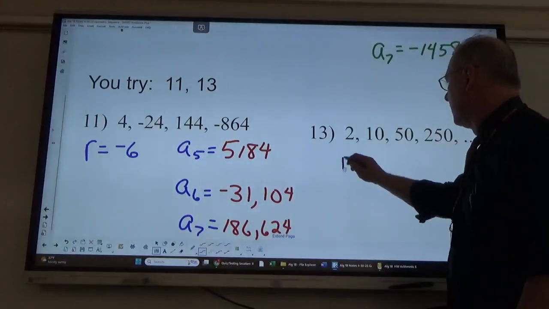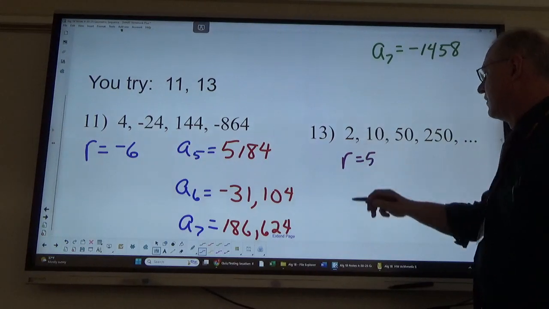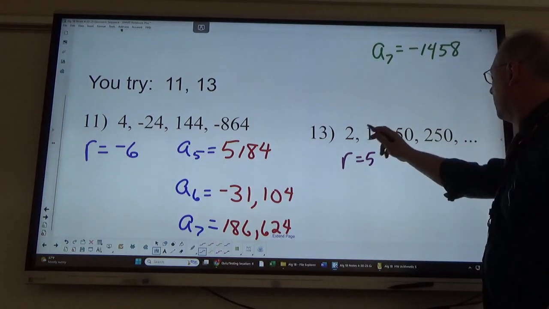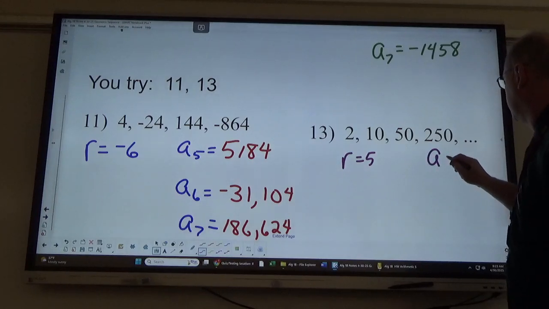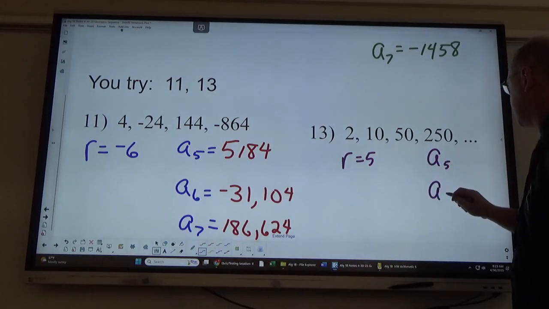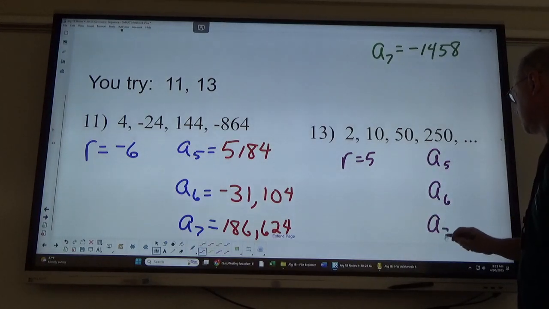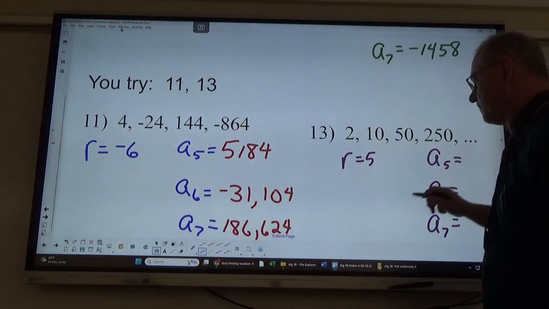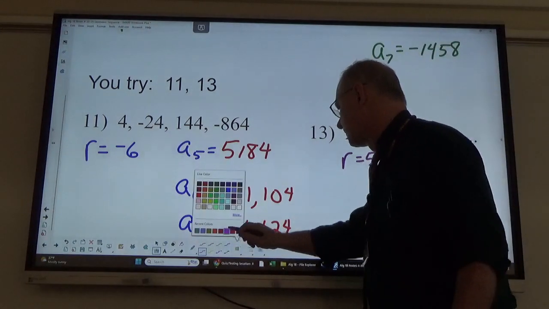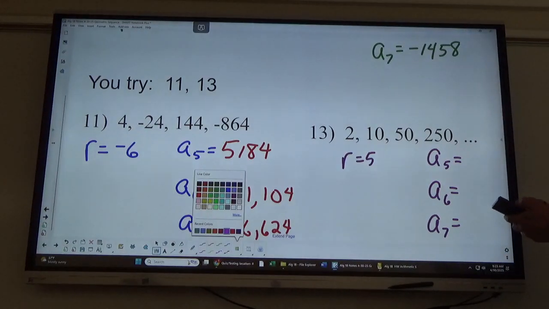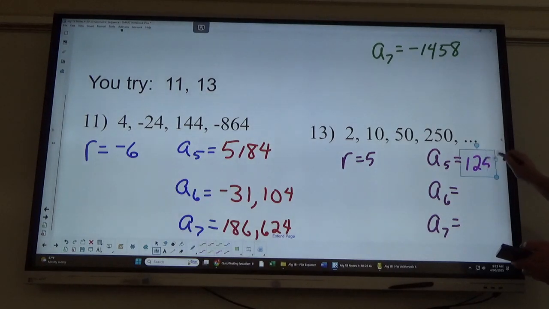This one, R is 5, 10 divided by 2, a sub 1, 2, 3, 4, a sub 5, a sub 6, a sub 7. 250 times 5 is 1,250.